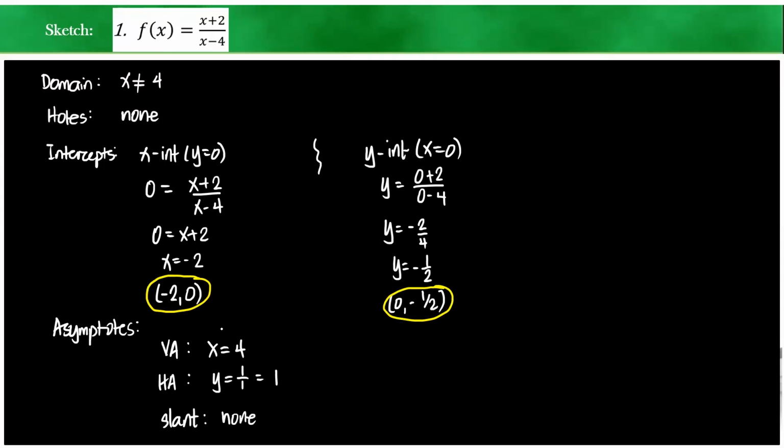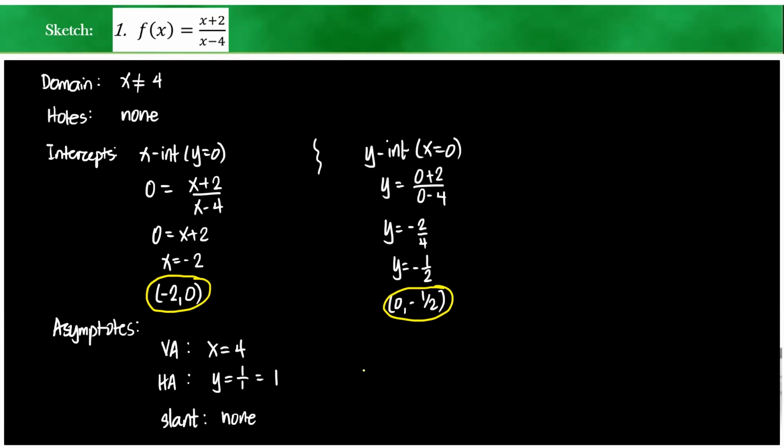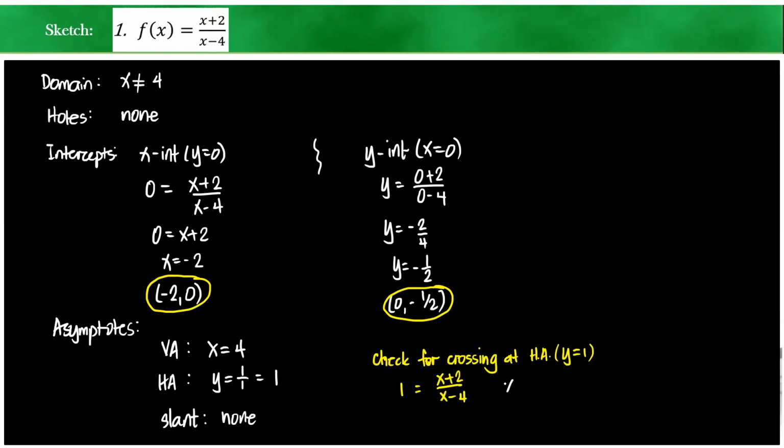Okay, so in here, you have to remember that there is potential crossing of the horizontal asymptote. So what we do here is check for crossing at the horizontal asymptote, which is y equals 1. So what I will do here is I plug in 1 in the equation. So here, let's crisscross.